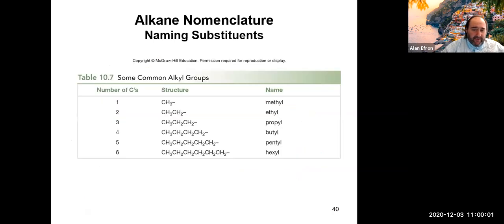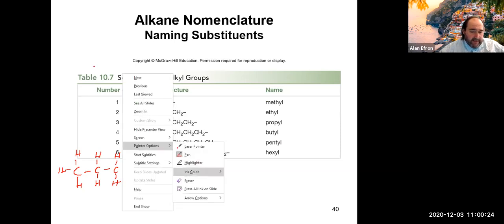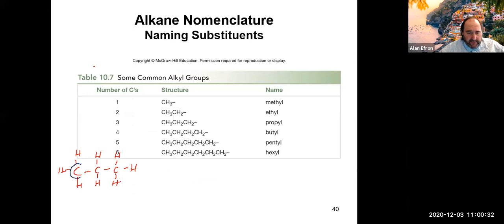So what does that have to do with groups? Well, if we look at, for example, propane, which is this guy, if we draw out propane, and identify the carbons in propane as either primary, secondary, or tertiary, this carbon right here is directly attached to only one other carbon, the carbon in the middle.